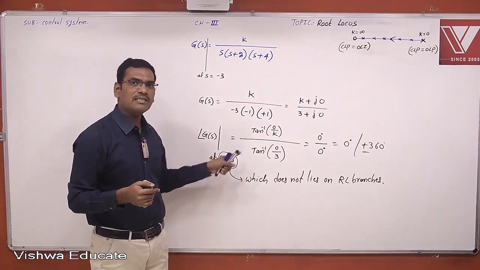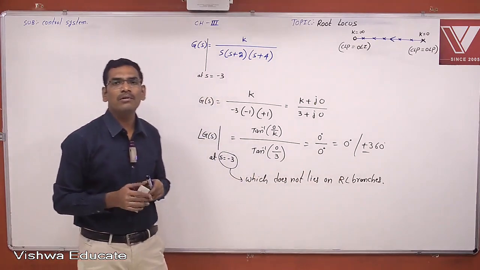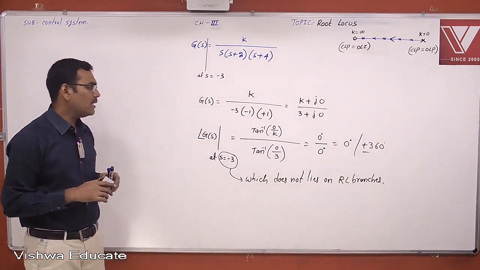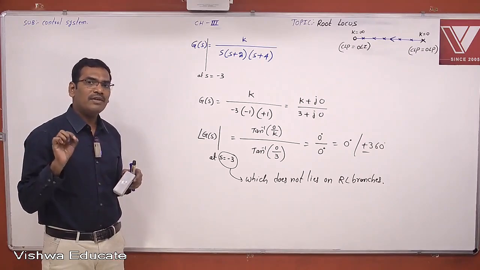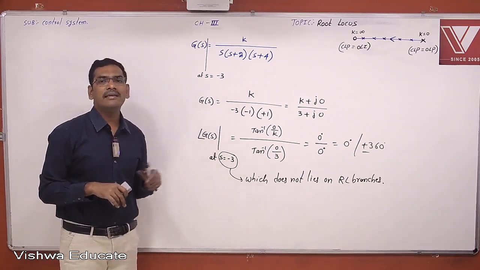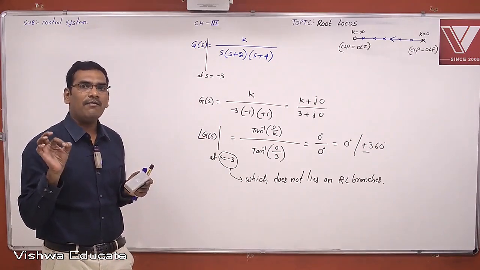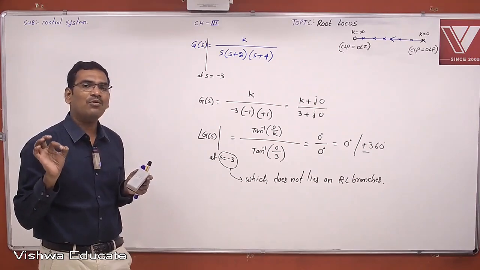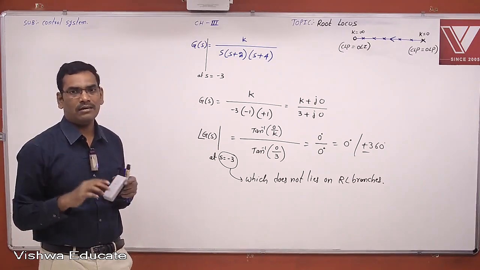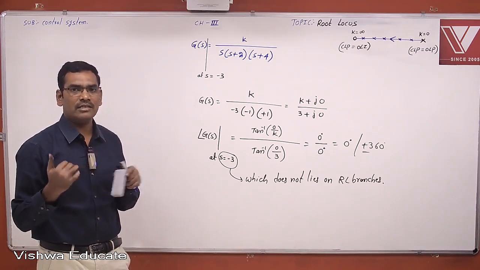This itself is not a closed loop pole, therefore it does not lie on that particular closed loop pole movement. But previously S equal to minus 1 lies on the root locus branch because it satisfies the angle condition. In that way you can easily identify whether the following points lie on the root locus branches or not.